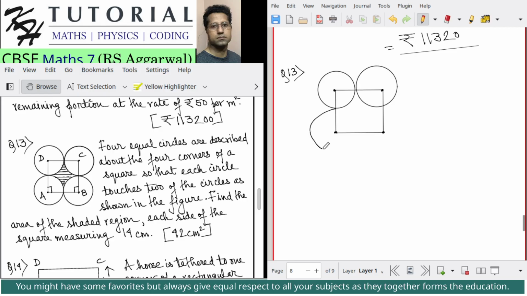My figure will be very approximate. I hope you will get the idea. Okay. Now, each side of the square is given to be 14 centimeter.